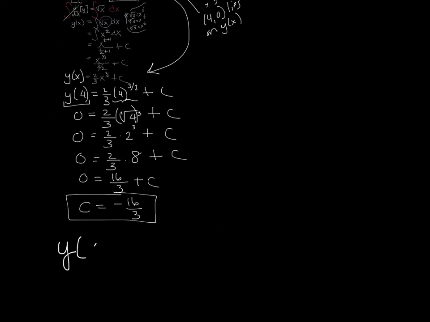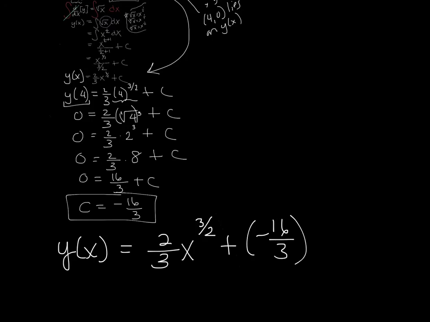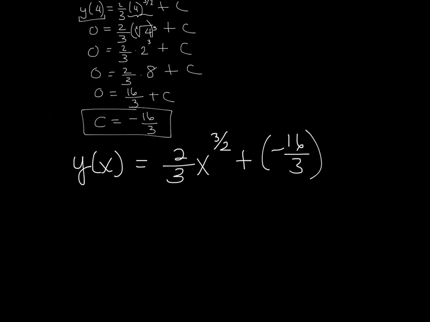So y of x equals 2/3 x to the 3/2 plus negative 16/3, but we can simply write 2/3 x to the 3/2 minus 16/3.